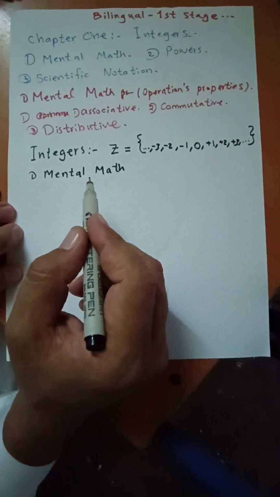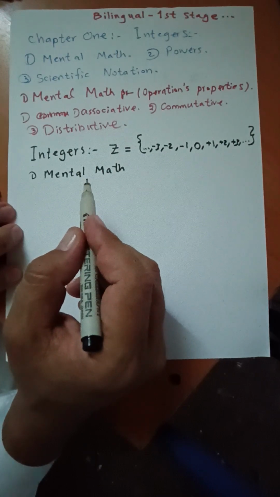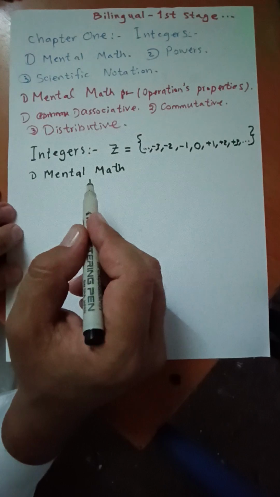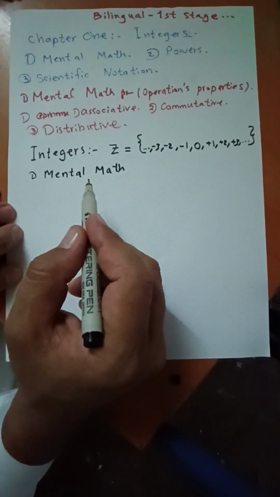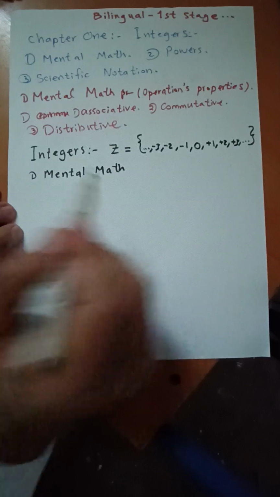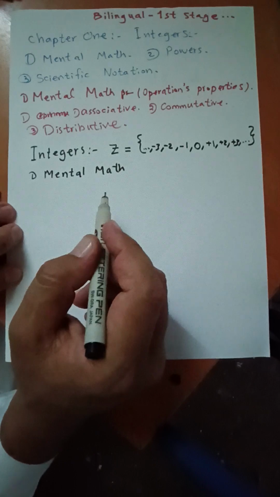First, the associative property on the integers. Second, the commutative property on the integers.